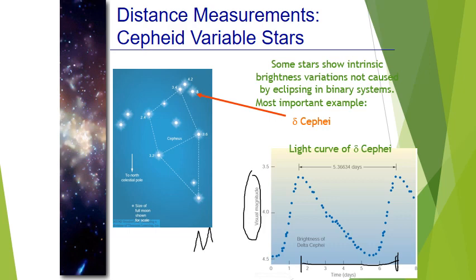Once you know the capital M, and we already know the little m, once you know those two things, you can determine the distance by using what's called the distance modulus. And again, we'll get practice using that equation. It's not something you have to memorize, but it is useful in determining the distance to, in this case, the star. And of course, the star is just located within a galaxy. So if you know the distance to the star, you know the distance to the galaxy.